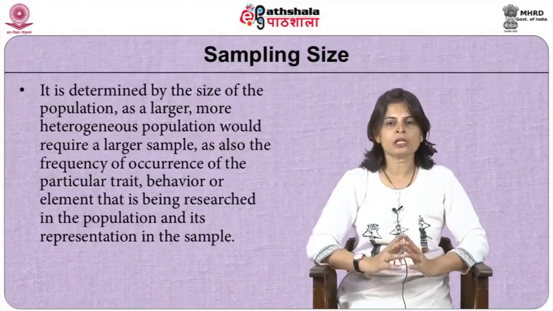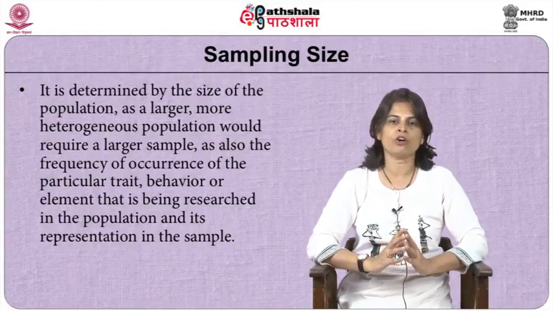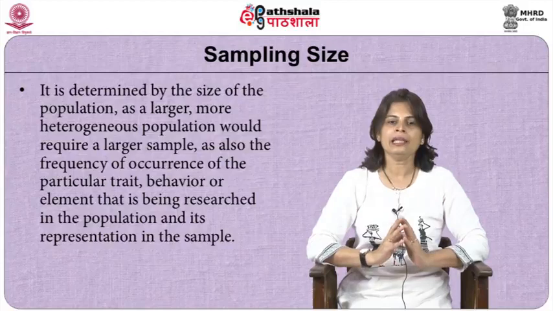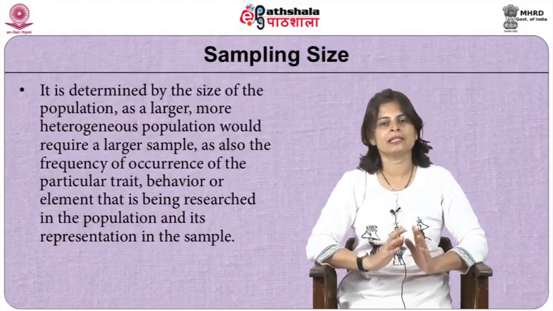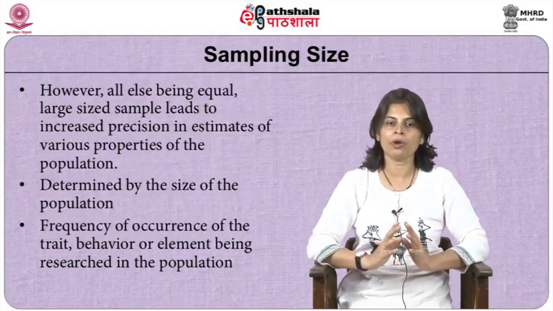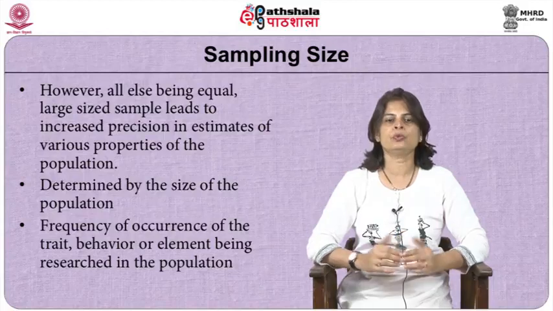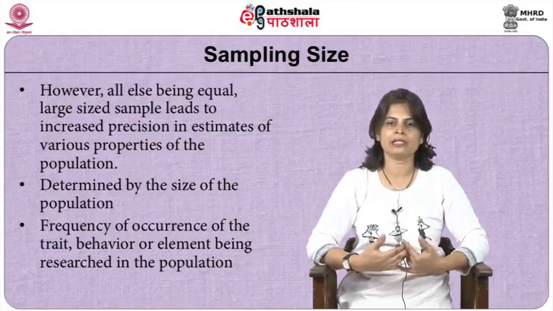It also depends upon the frequency of occurrence of a particular trait, behavior or element that is being researched in that population and is represented in the sample. However, all else being equal, large sample size always leads to increased precision in estimates of various properties of your population.